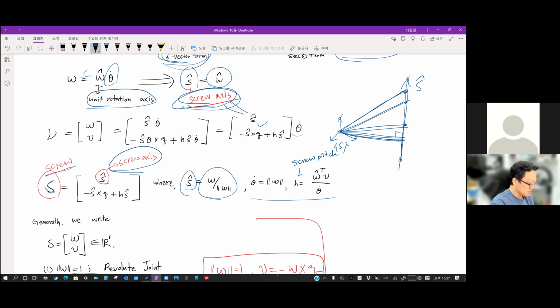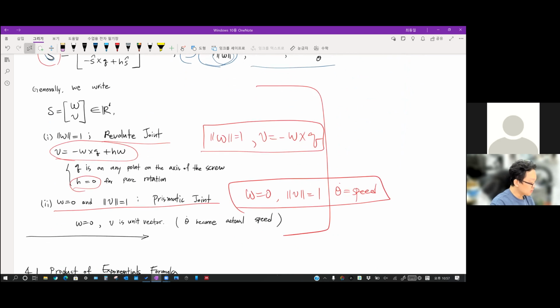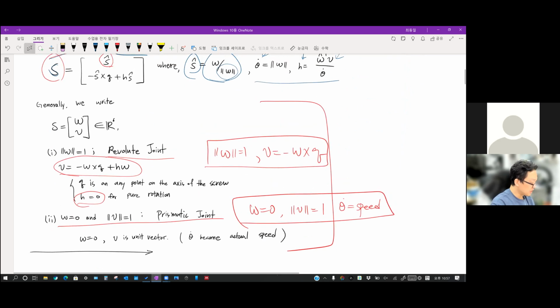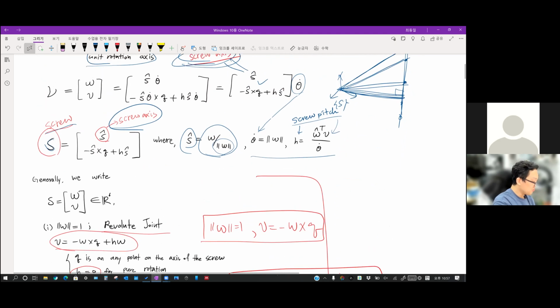This theta dot is the same as the size of omega. And the screw pitch can be calculated using this equation. Generally we write the screw S as omega, V. When we write twist, and also when we write S, we usually use the same omega and V symbols.